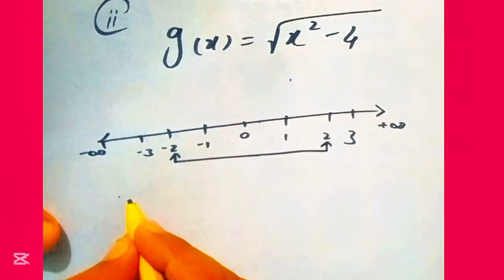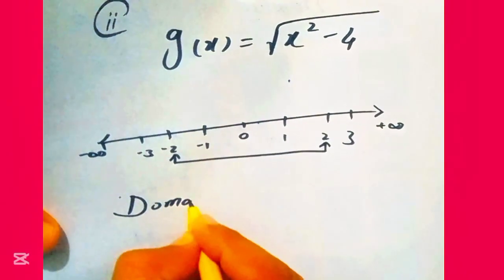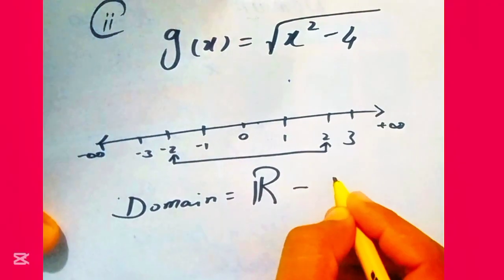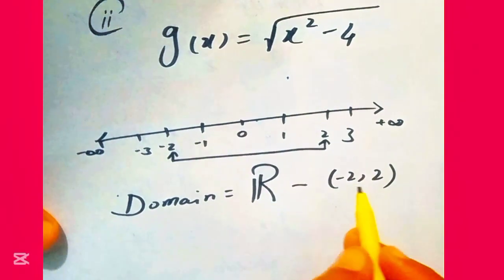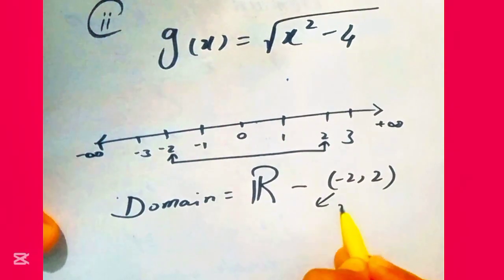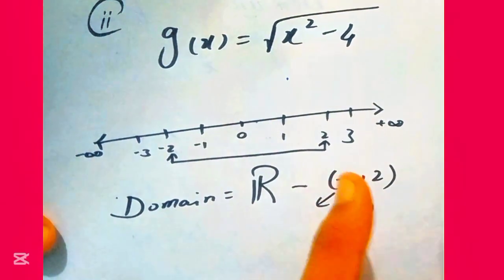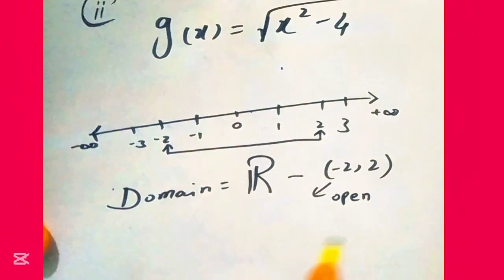So our domain is from minus 2 to 2. Here the open bracket means that these two numbers are not included, so all numbers in between are included. So its domain is minus 2 to 2.